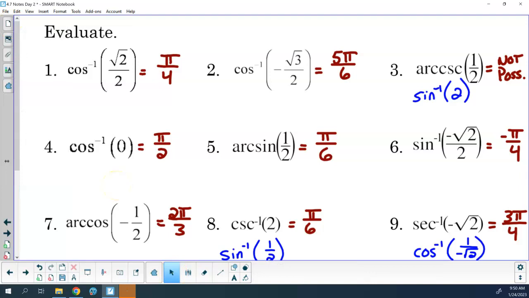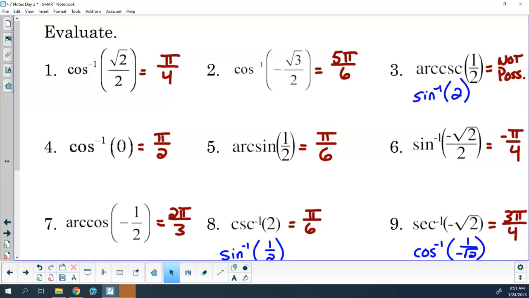So now what we're going to do is I'm going to give you a note sheet, and it's got some questions and some more problems for inverse cosine at the top. Then it's got some more questions on inverse sine.